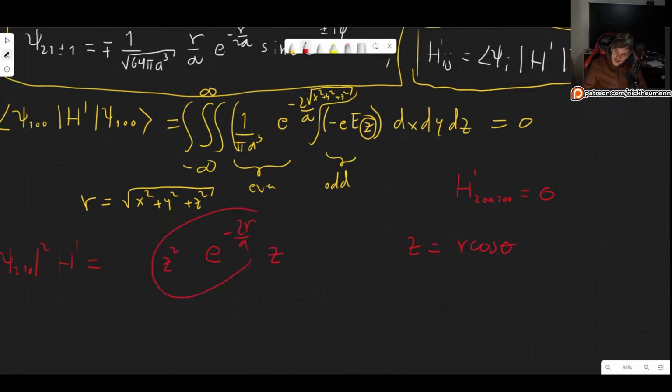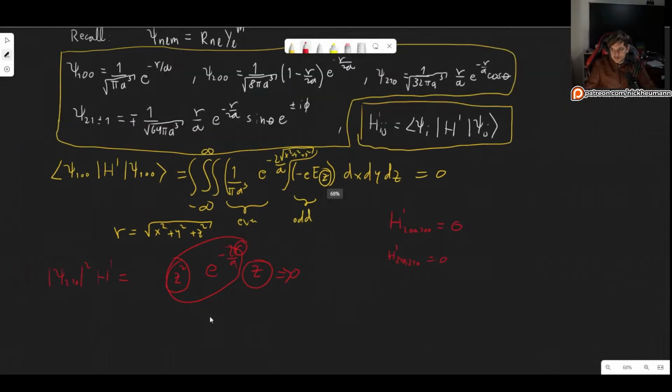So all of this is once again even, right? z squared is even, r is even, and this part is odd, right? This z, of course, comes from the perturbation minus eEz. So this entire thing will give us 0 when we integrate. So this also will be 0. So maybe let's write it down here. H prime of 2, 1, 0, 2, 1, 0, this is also 0.